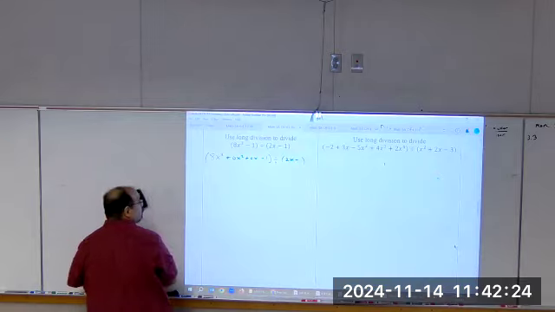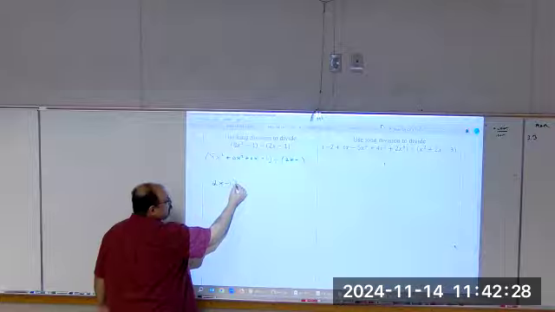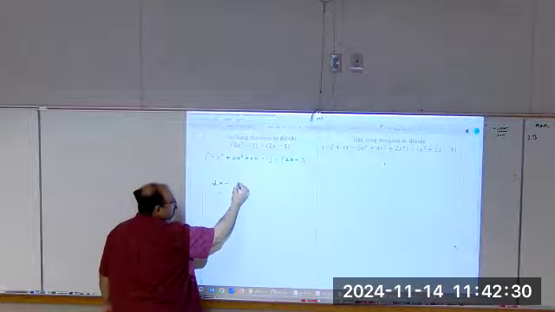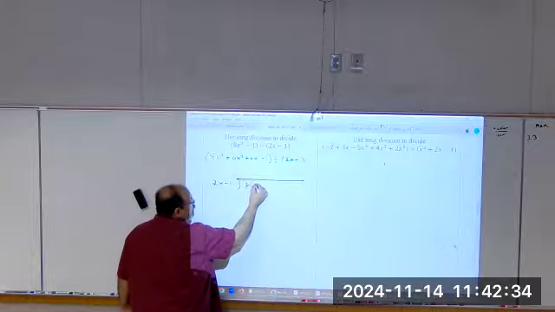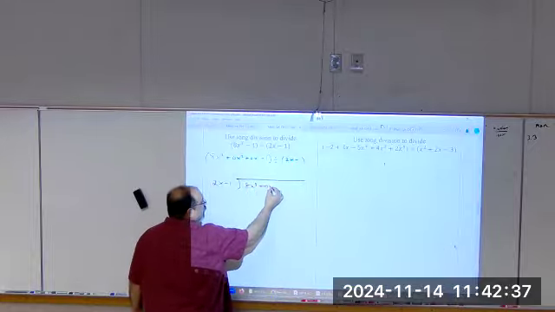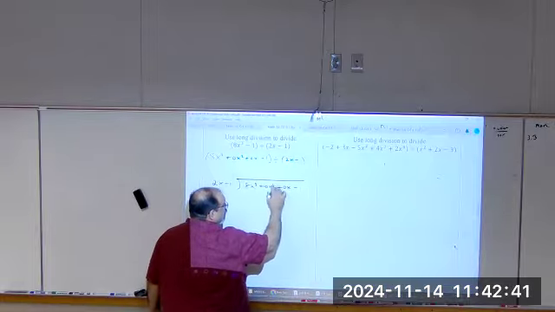Now things will line up like they're supposed to. 2x minus 1 dividing into 8x to the third, 0x squared, 0x, minus 1.